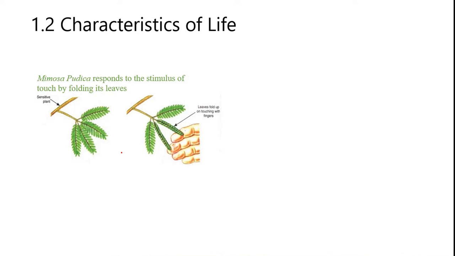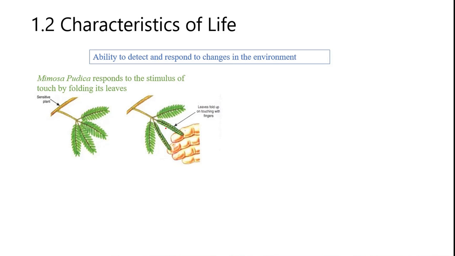Mimosa pudica will detect our touch and then give a response to the stimulus of touching with our finger. The leaves fold up on touching with a finger. The ability to detect and give a response to changes in the environment is known as sensitivity.